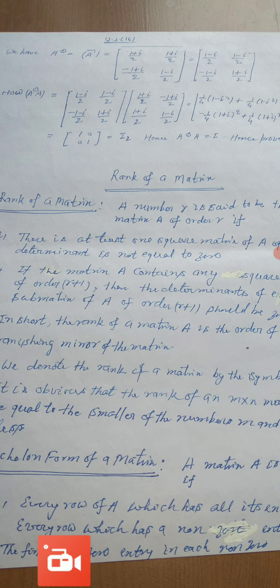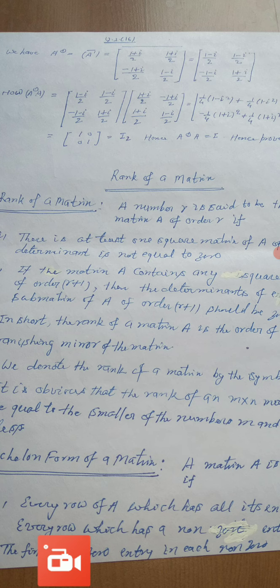In other words, we can say the rank of a matrix A will be r if there exists at least one minor of order r and every minor of order r plus 1 vanishes. That means every minor of order r plus 1 is equal to 0.